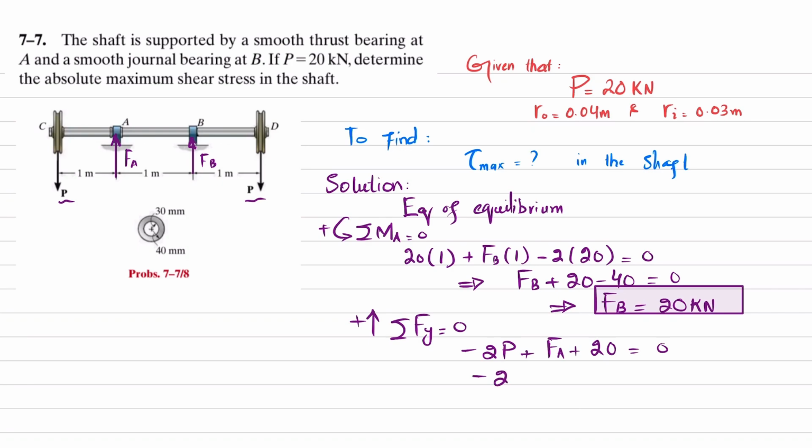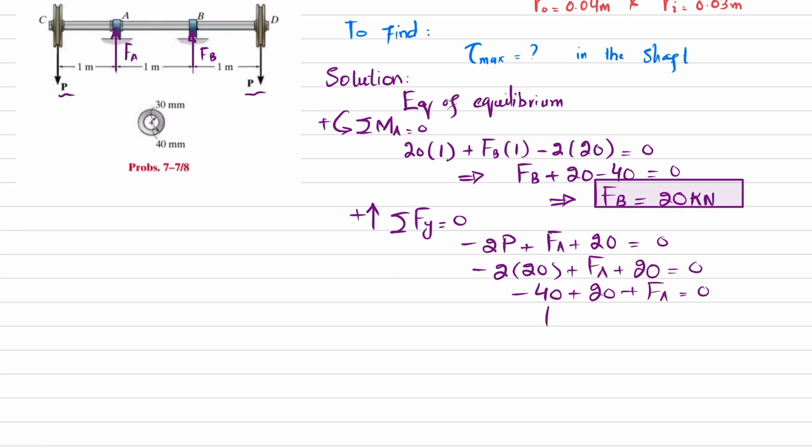So minus 2 times 20, plus FA plus 20 is equal to 0. So minus 40 plus 20 plus FA is equal to 0. From here you will get FA equal to 20 kilonewton.